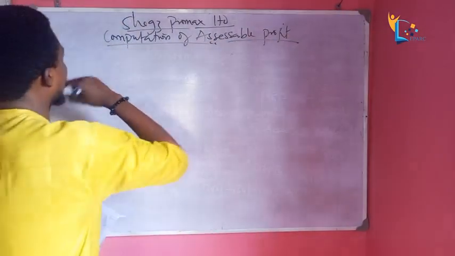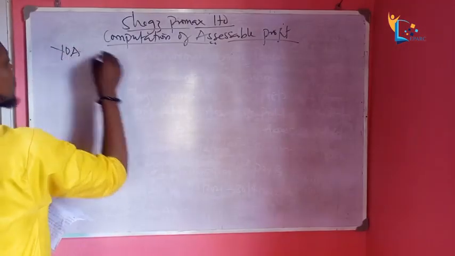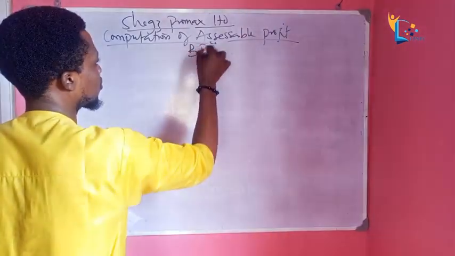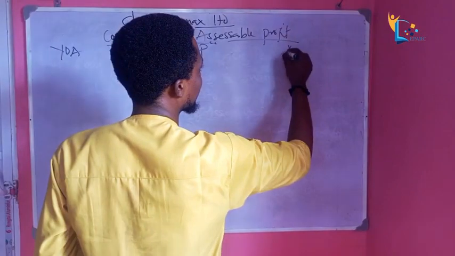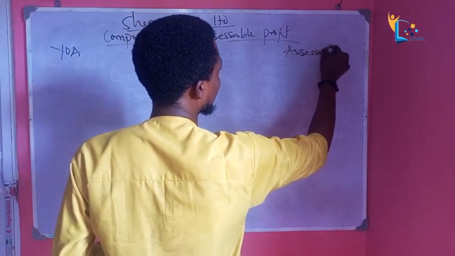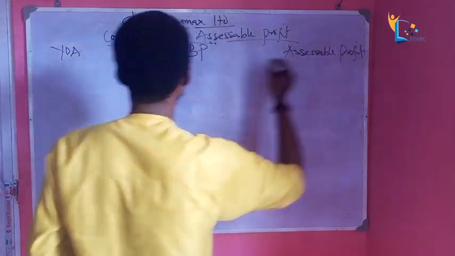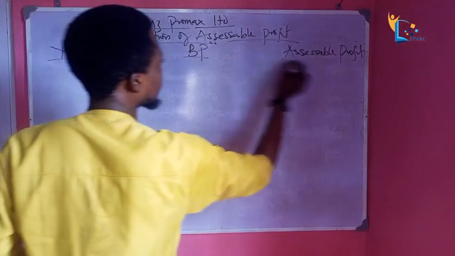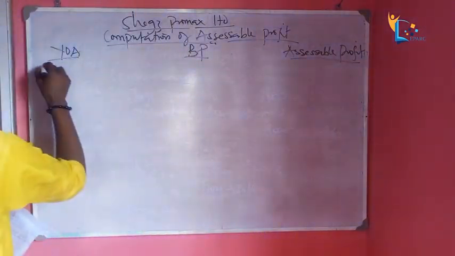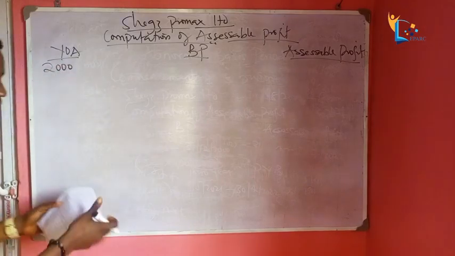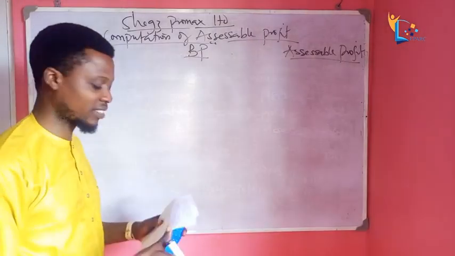Okay, so we have year of assessment, we have basis period, and we have assessable profits. So year of assessment, we are starting with 2000. That's the year the business started.